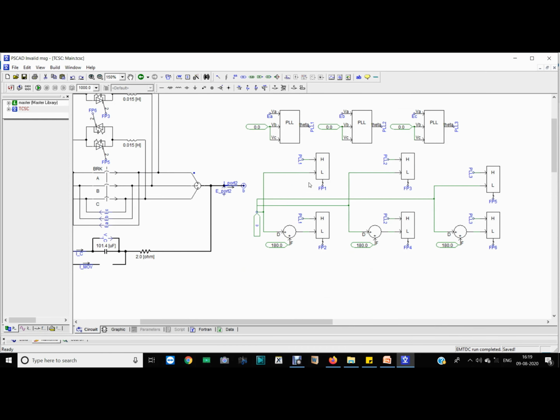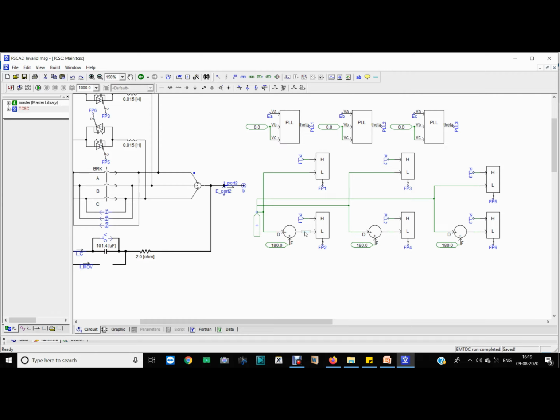Okay, it is compared with the PLL1. PLL1 is compared with the firing angle. This is for firing pulse 1, right? And firing pulse 2 will be the same but 180 degree out of phase. So we need to add this 180 degree to the firing angle C. Whatever angle comes here, we will add 180 degree.